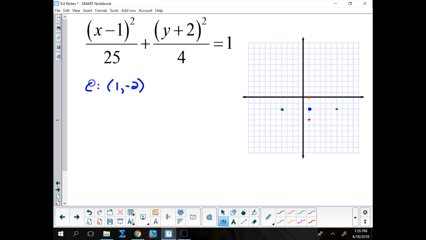Which one's major? Horizontal, right? Horizontal one is. Okay. So where are my vertices? Negative 4, comma, negative 2. And 6, comma, negative 2. Like that, you mean? Okay. Draw it in.